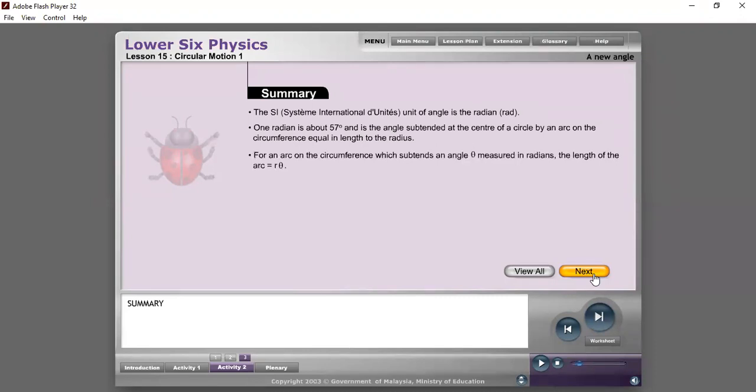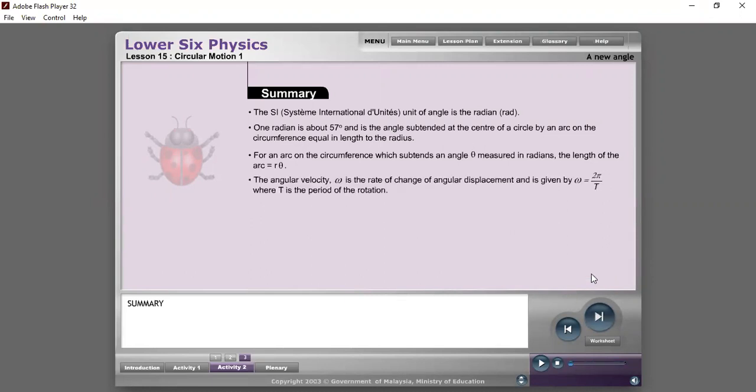For an arc on the circumference which subtends an angle theta measured in radians, the length of the arc equals r theta. The angular velocity omega is the rate of change of angular displacement and is given by omega equals 2 pi over T, where T is the period of the rotation.